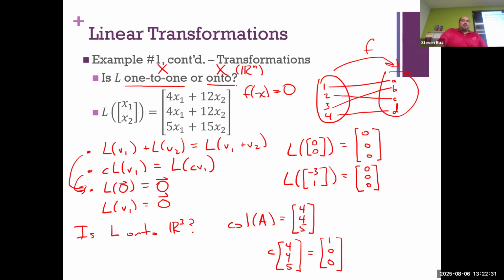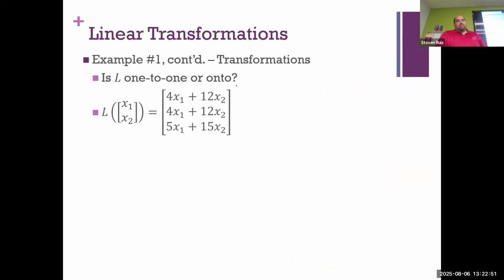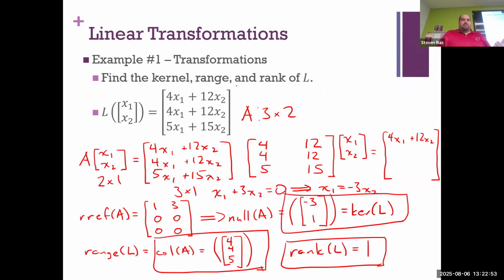I think about this last section as tying all the concepts of the class together, so I want to make sure I'm taking it as slow as I need to. With this one transformation, I asked you five or six different things, and I want to make sure we're okay with where we ended up. So to recap, we found the kernel, which is a basis for the null space of A. We found the range, which is a basis for the column space.